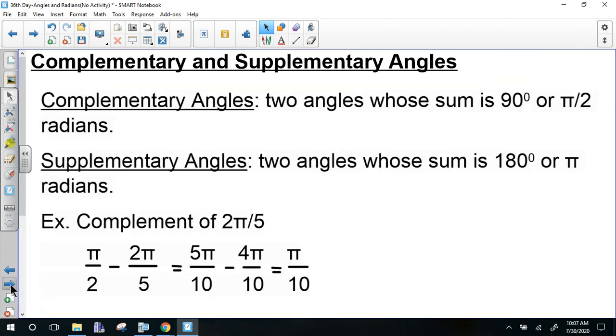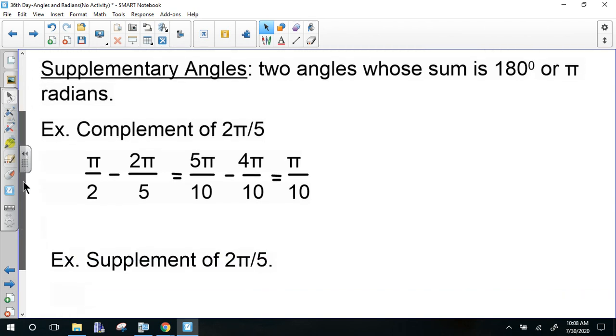Complementary and supplementary angles. You've heard of this, I think, probably starting in elementary school. Complementary angles are two angles whose sum is 90 degrees or pi over 2 radians. Supplementary angles are two angles who add up to 180 or pi radians.